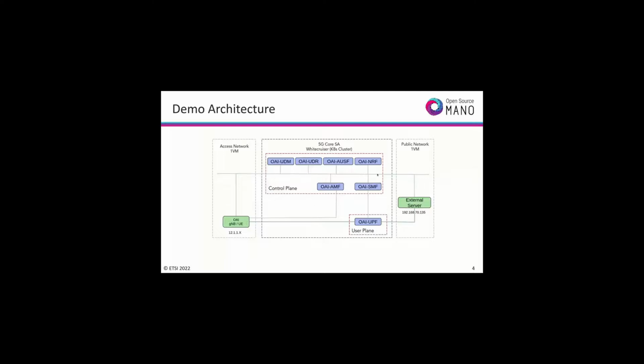And also we have the 5G core SA. For this, we're going to use White Cruiser. This is a Kubernetes cluster provided by Whitestack. And the VM is going to run over White Cloud based on OpenStack. So here we have the network functions that we're going to deploy. We're going to deploy the UDM and UDR for users database, AUSF for authentication, NRF for registry, AMF, SMF, and UPF for control plane.